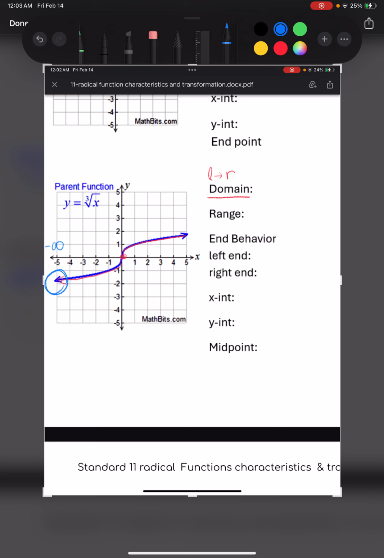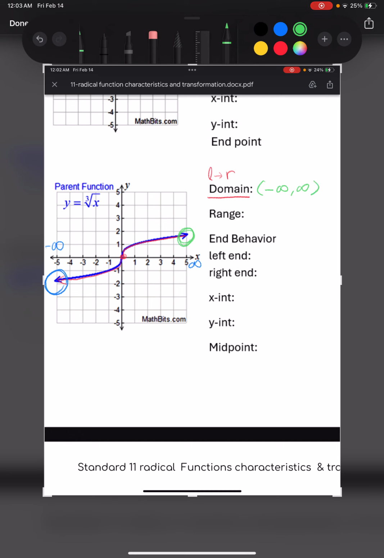So the left very end is negative infinity, and the right end is positive infinity. So when you're describing left to right, it's going to be negative infinity to positive infinity. And whenever it's infinity, you need to use parentheses.